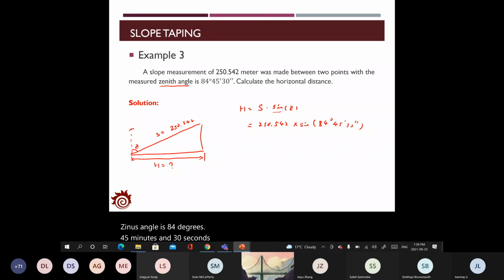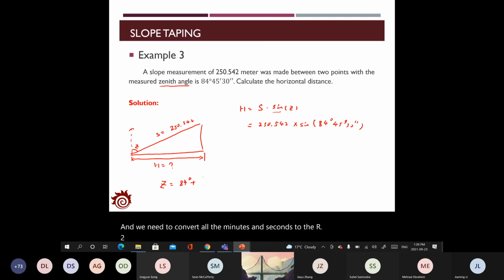Again, we need to convert this angle to the radian value. So the theta z here would be 84 degrees, and we need to convert all the minutes and seconds to degrees.